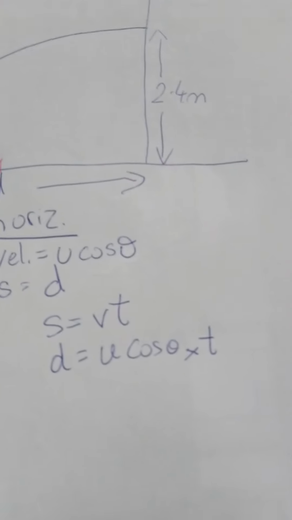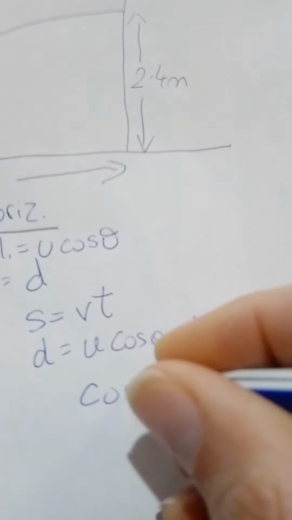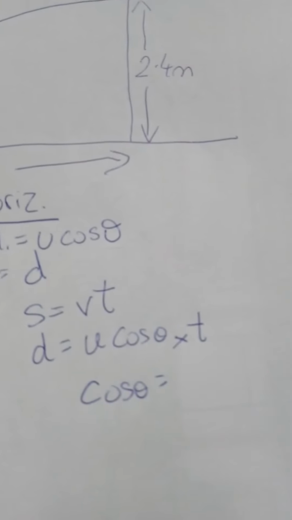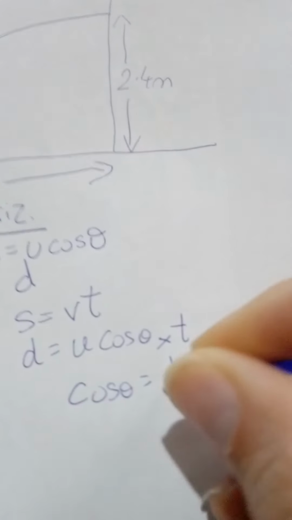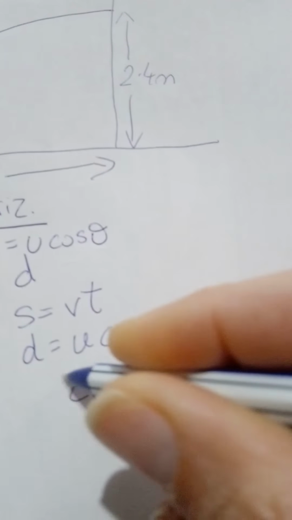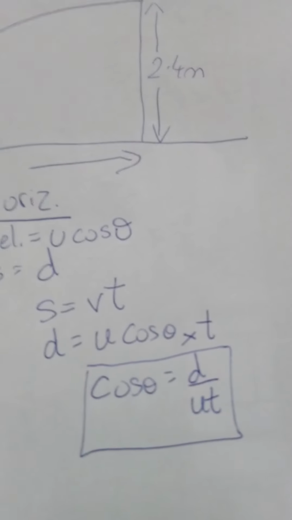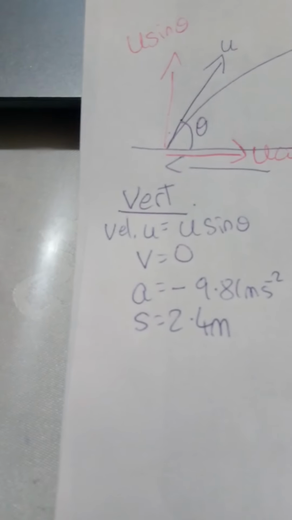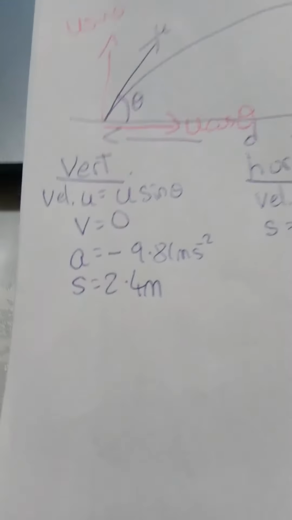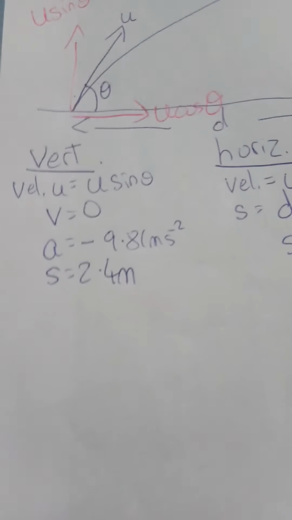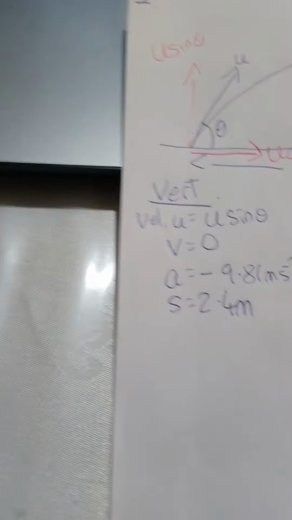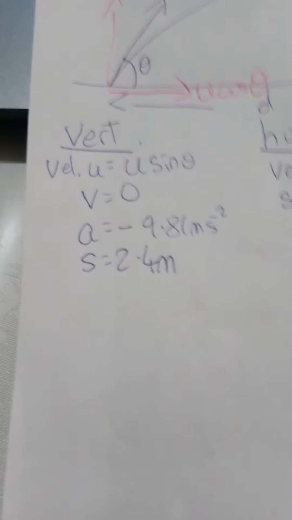From there I can get cos theta equals d over ut. I'll write it there and use it later on. Now, to work out the vertical speed, I noticed that I need the time also, so I'm going to work out part B first and then part A, because it will be quicker. So I'm going to work out the time, part B of the question.